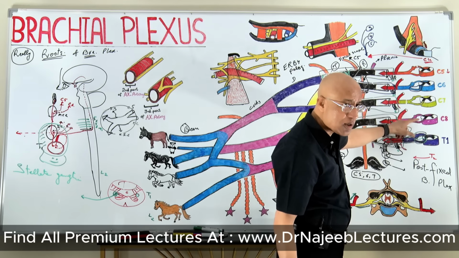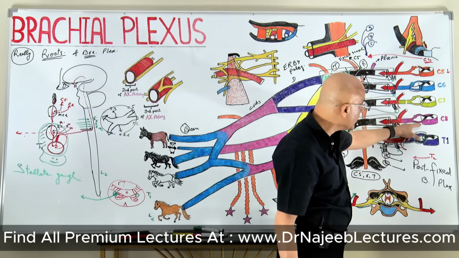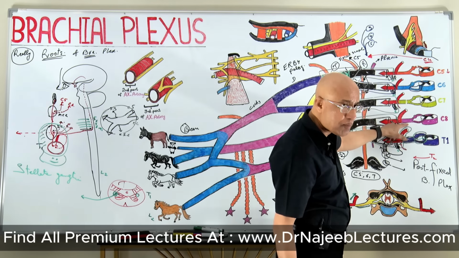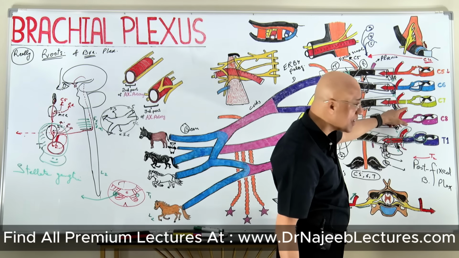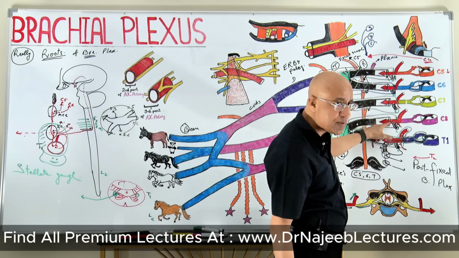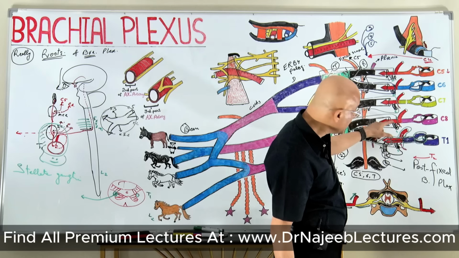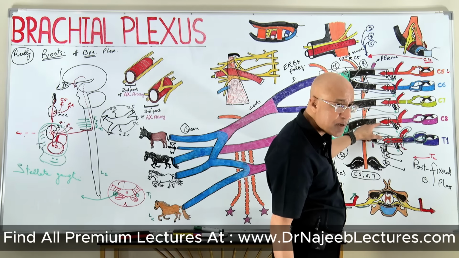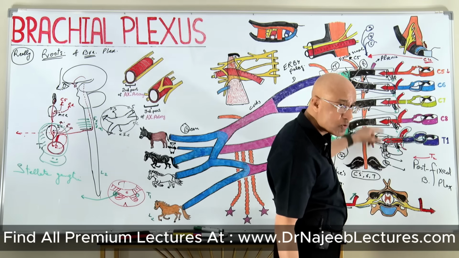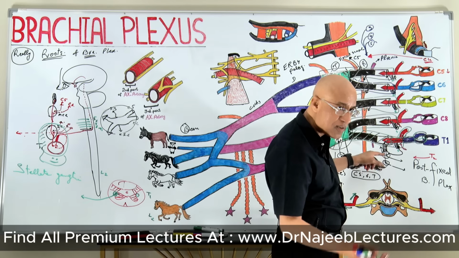Ventral root, ventral horn, ventral root, dorsal root, spinal nerve proper, going into dorsal ramus and ventral ramus, and from C5, 6, 7, 8 and T1, these ventral rami are called brachial plexus roots, right? And then we discussed these roots, somewhat different from each other, in detail.